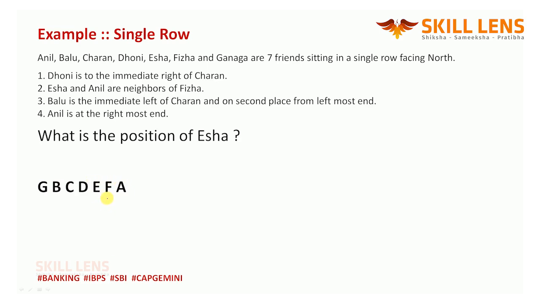So this is how you need to understand it. According to the options you have to decide what is the position of Isha. Or it may be in between D and F. So this is how our single row arrangement will be.